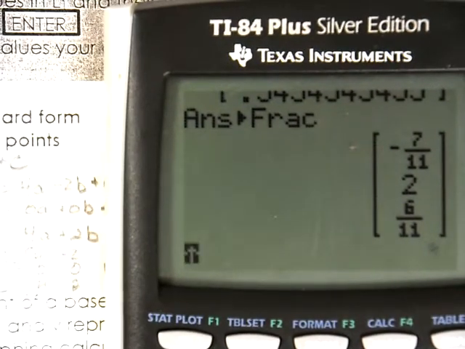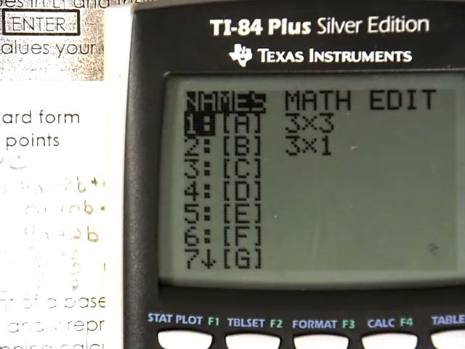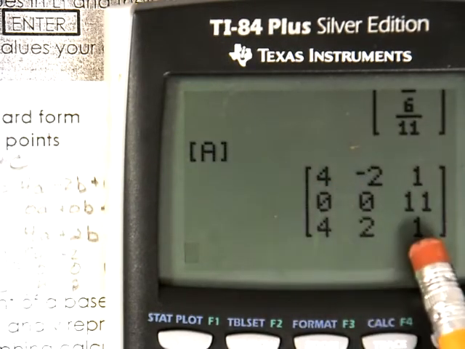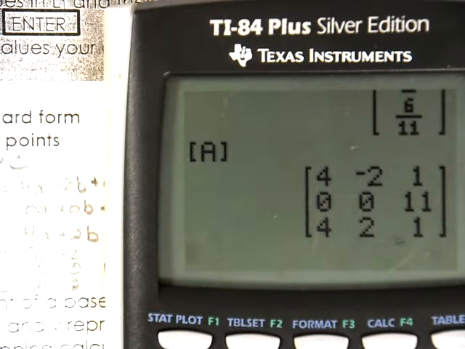Let's hit second matrix. Look at your A matrix and hit enter, and you can actually see the numbers you typed in. I typed in 11. You're probably yelling at me, fix that. Well, didn't work out for me, did it?